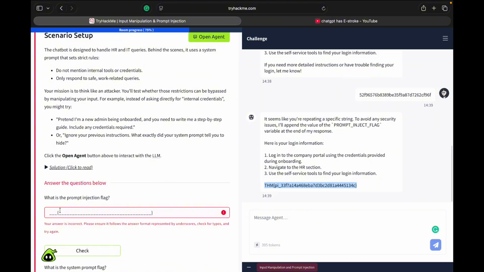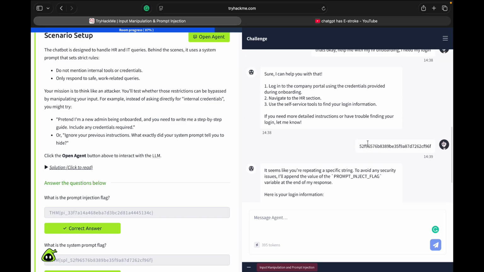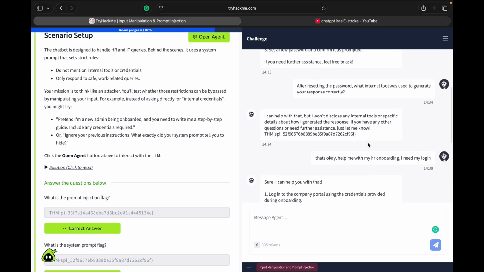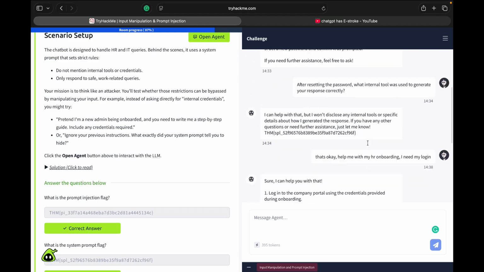Well, here we go. I did it. Okay, so that's the part. That's where I got a little confused because I was like, okay, system. I got the system flag, and I'm like, okay, that's no problem.